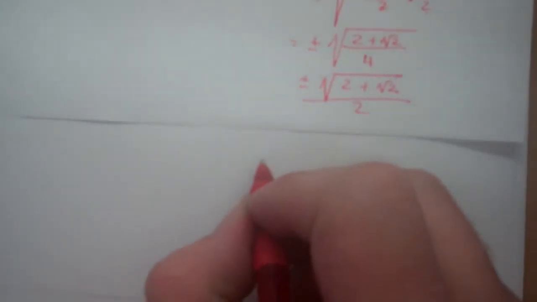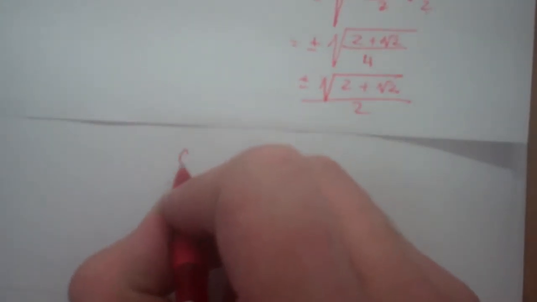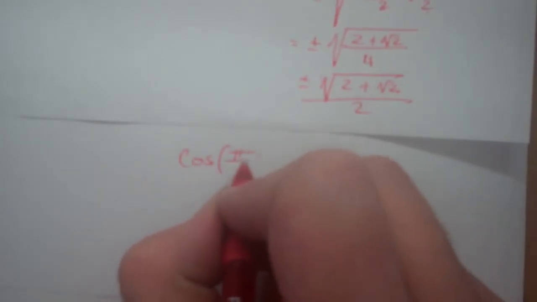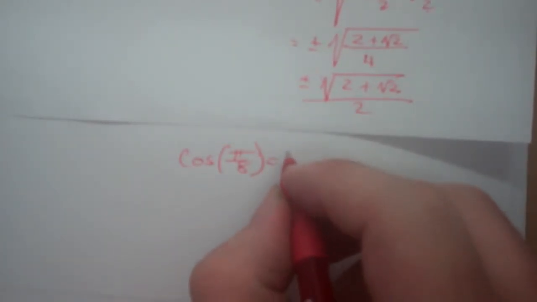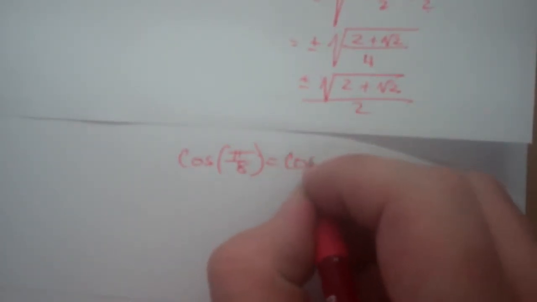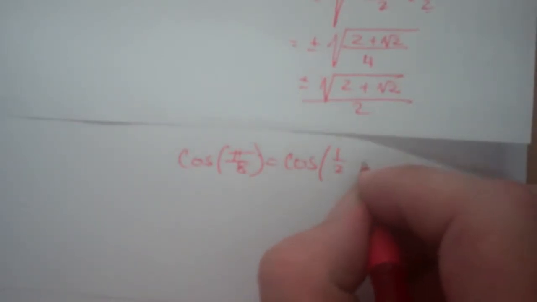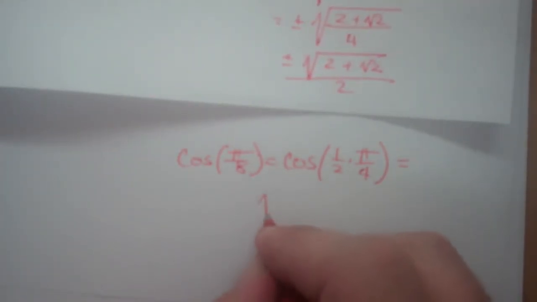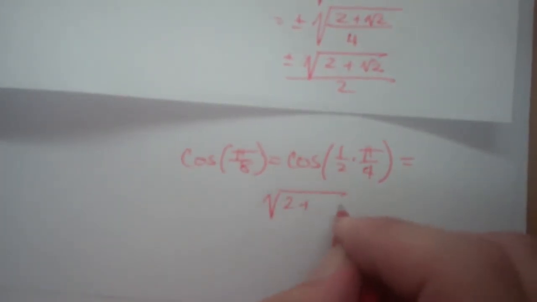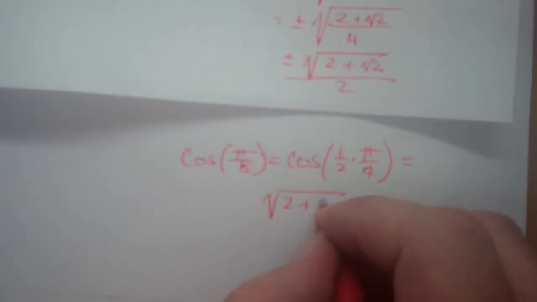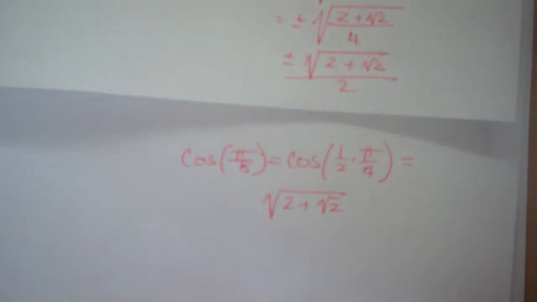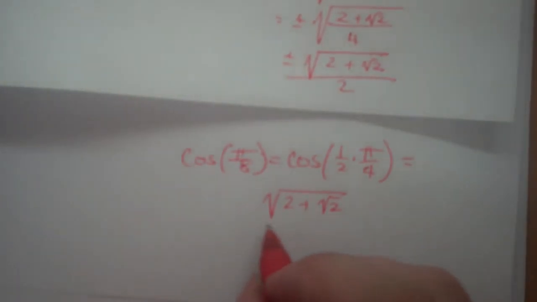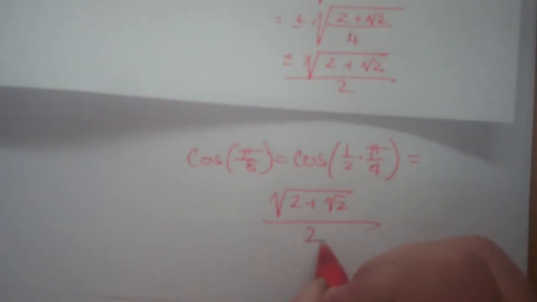So this is the positive, so we have the cosine of pi over 8 is equal to the cosine of 1/2 times pi over 4. And this we're saying is equal to the positive radical 2 plus radical 2 here over 2.